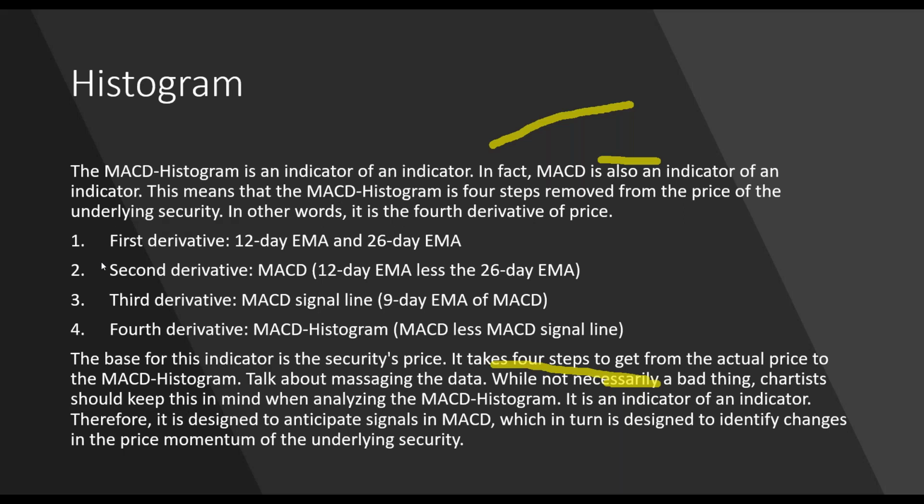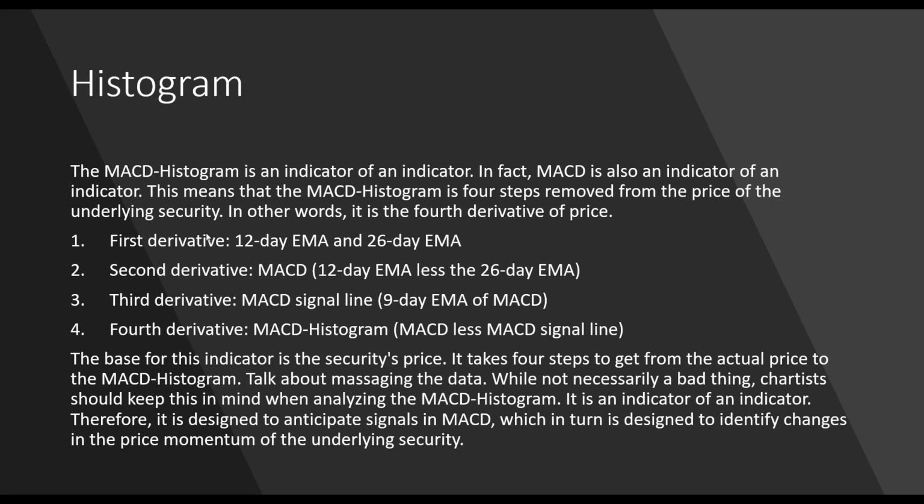So remember, we've got 4 derivations from the first price action, and this gives us the final histogram. The first derivative is the 12-period EMA and the 26-period EMA.